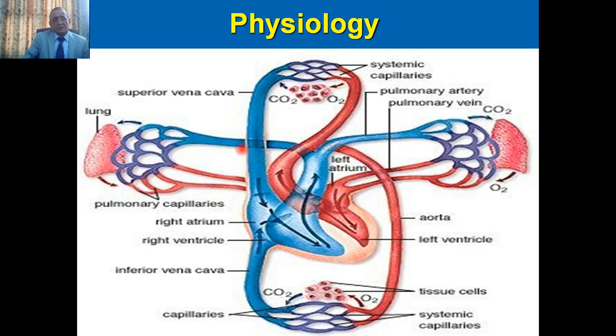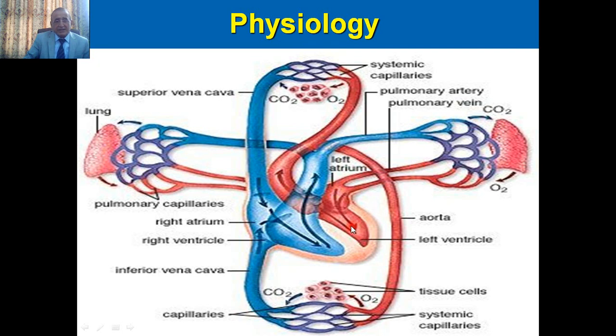Now, we'll go through some physiology. This is the normal circulation. You have blood in the left side, the oxygenated blood pushed by the left ventricle to the aorta and major arteries, and then to the small arteries and arterioles for oxygenation, and then it is received by the venous circulation to the right ventricle, and the right ventricle pushes blood to the lung.